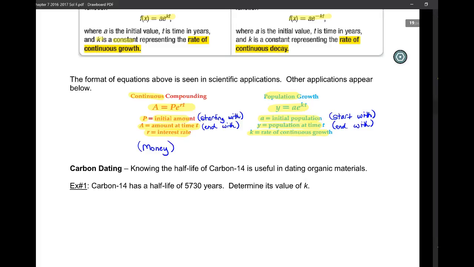So R and K are both rates. Now we want to make sure whenever we're working with R and K, we're always working with decimals. Okay. So if we have R and K, they must be in decimal form. So if I give you 4%, you're going to write that as 0.04. Good.